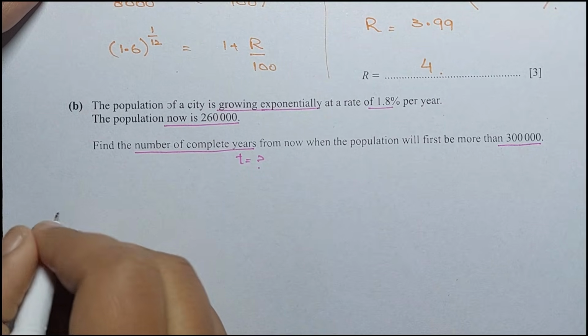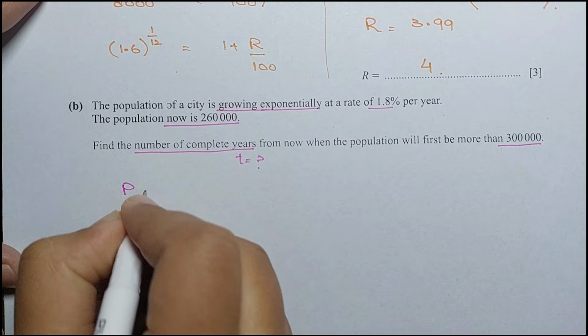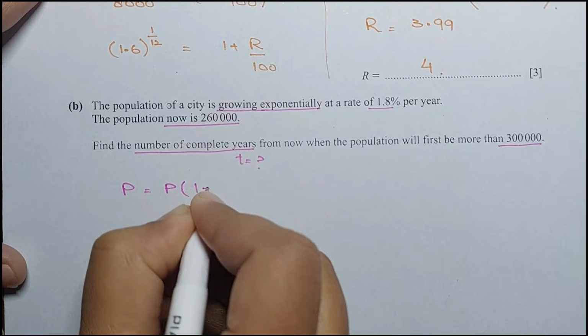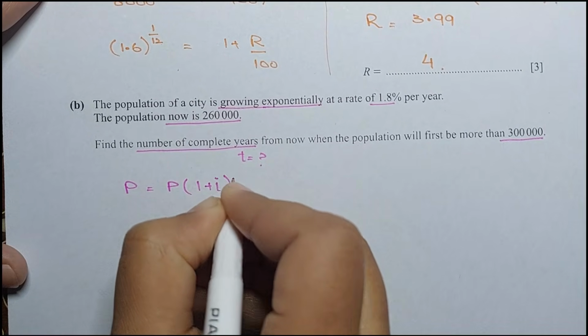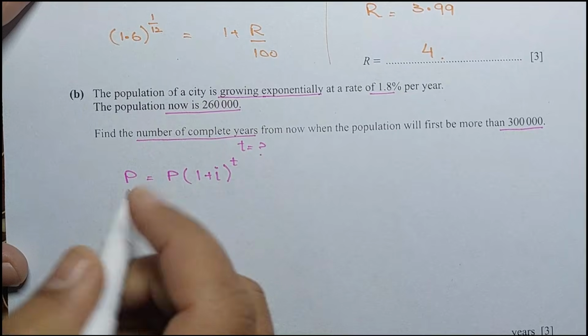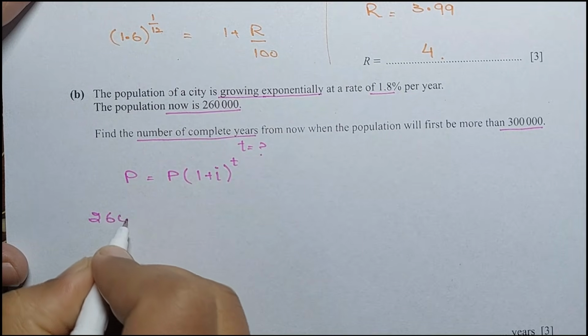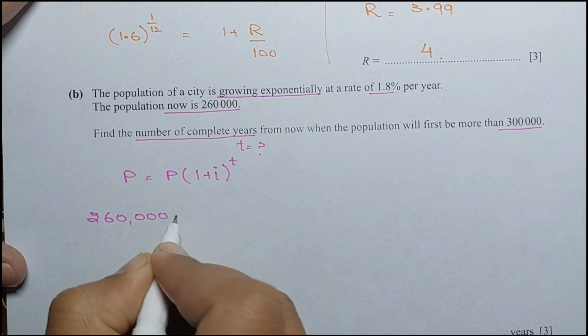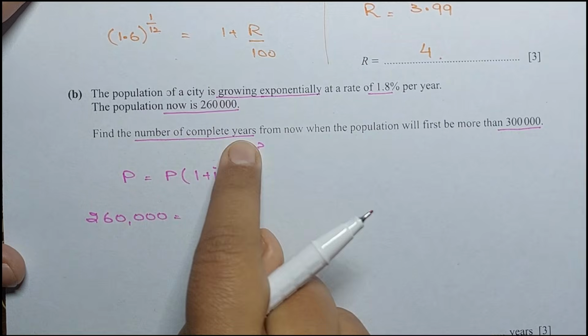Okay, so exponential growth has a formula: P equals P naught times 1 plus i, to the power of T. The population now is 260,000, and we have to find the number of complete years.